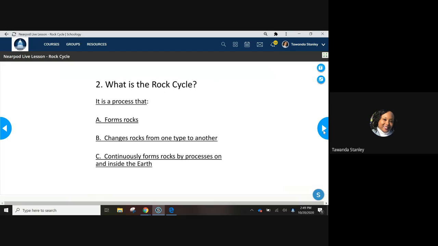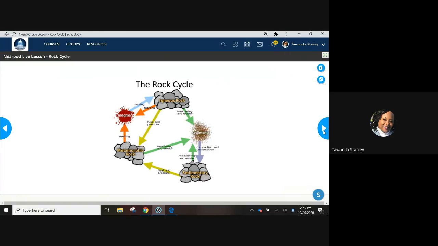Here is a diagram of the rock cycle. In this diagram, you see rocks have formed: igneous rock, metamorphic rock, sedimentary rock. As you can see, an igneous rock can become a metamorphic rock by adding heat and pressure, or a sedimentary rock can become a metamorphic rock by adding heat and pressure.